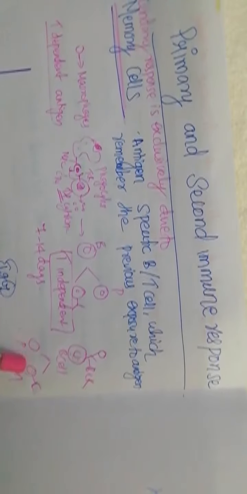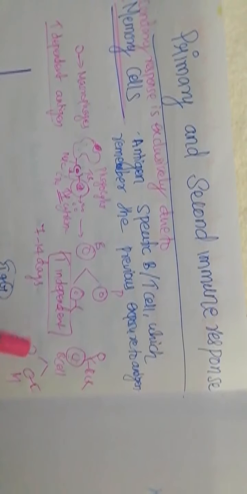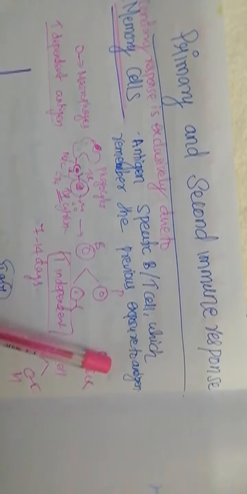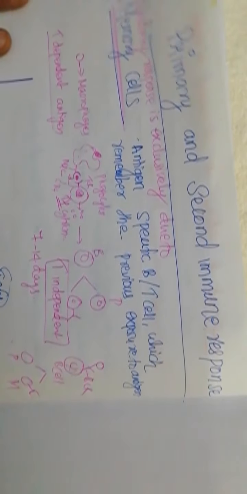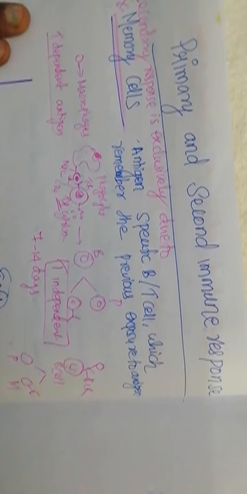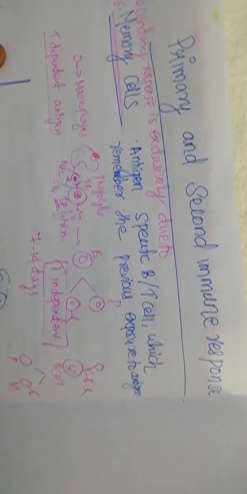Memory cells are antigen specific B or T cells. In the case of B cell and T cell, after the activation, memory cells will be formed, memory B cells and memory T cells. So antigen specific B and T cells which remember the previous exposure to antigen. The cells which can remember the previous exposure to the antigen are known as memory cells. A memory cell is an antigen specific B or T cell that does not differentiate into effector during primary response.